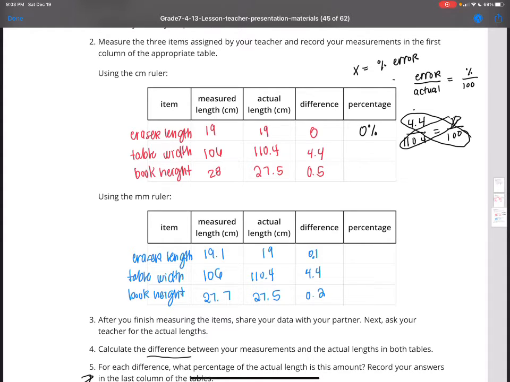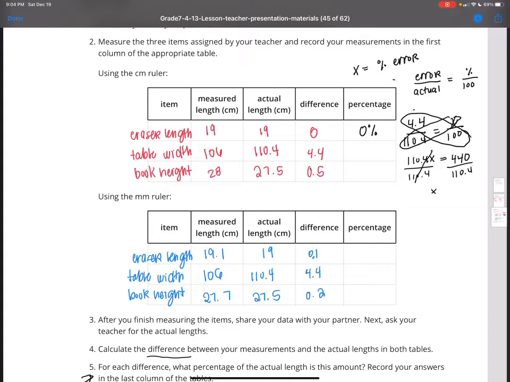And when I cross multiply, I get 440, I apologize for that, and 110.4 times x. So what we want to do is isolate this variable to help us identify the percent error. By doing that, I'm going to divide by 110.4, or 110 4/10, and that's going to help me isolate my variable.